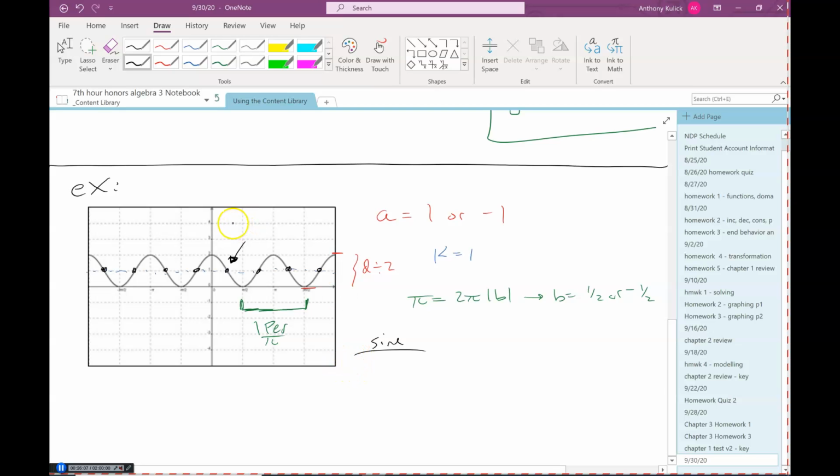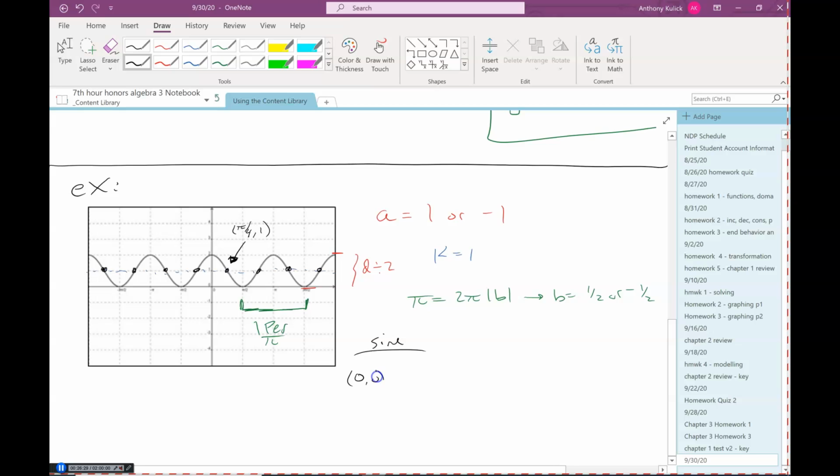That point looks like it's halfway between 0 pi and a half pi, so that would be a quarter pi. That point appears to be pi over 4 comma 1. Is everybody okay with that reasoning? Okay.